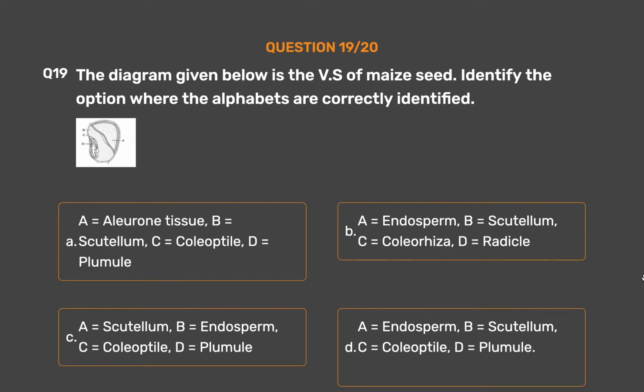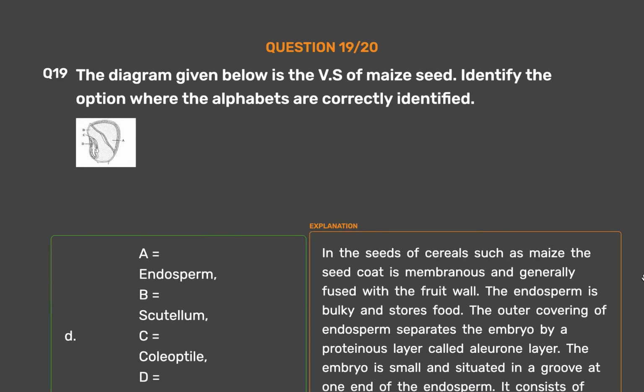The correct answer is option D. A equals endosperm, B equals scutellum, C equals coleoptile, D equals plumule. In the seeds of cereals such as maize, the seed coat is membranous and generally fused with the fruit wall. The endosperm is bulky and stores food.